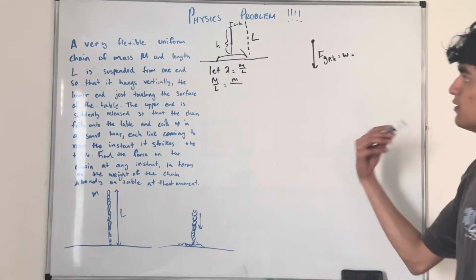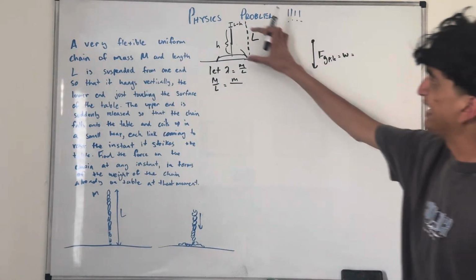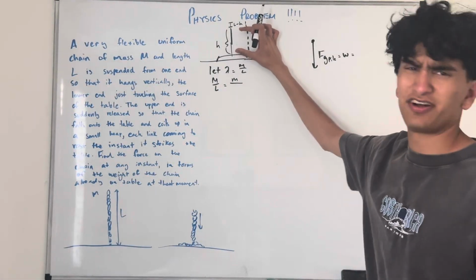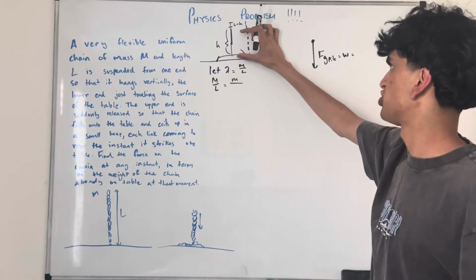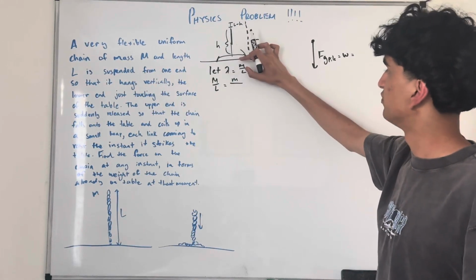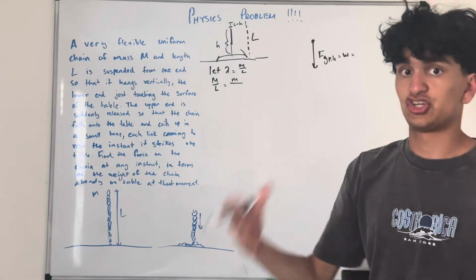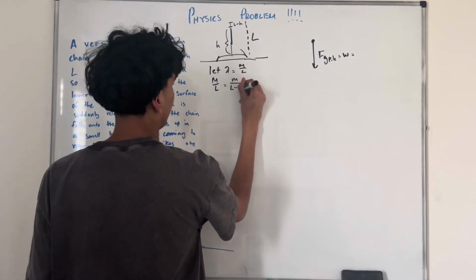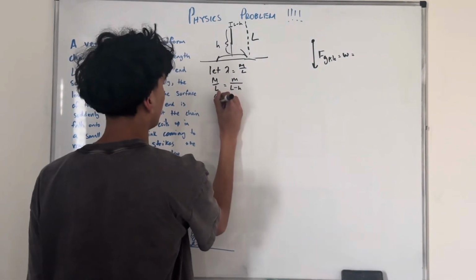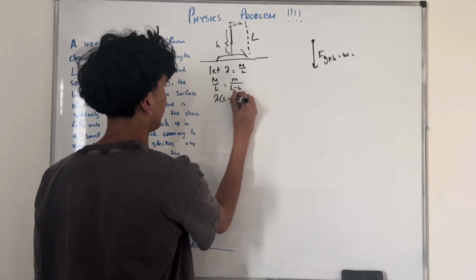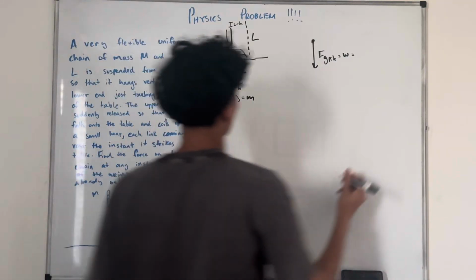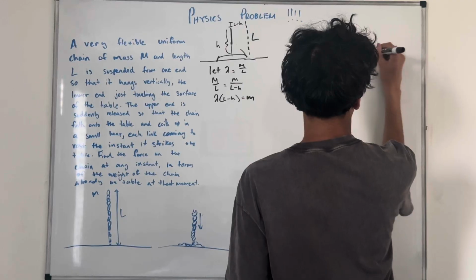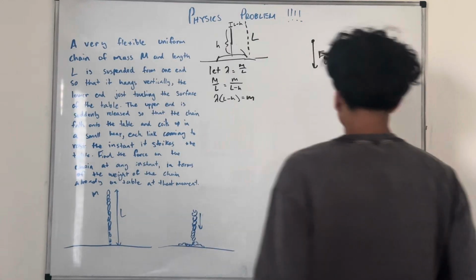What length is on the pile? Well, I know H amount of chain is here, so the pile is made up of L minus H length. So lambda times L minus H would give me the mass. So this is really going to equal lambda (L minus H) times g.